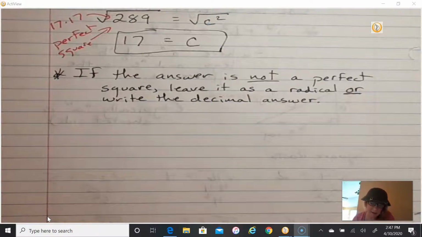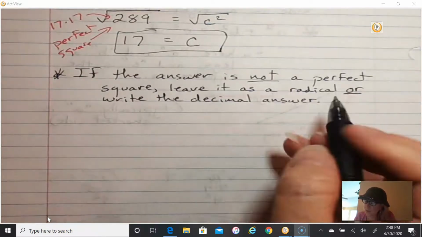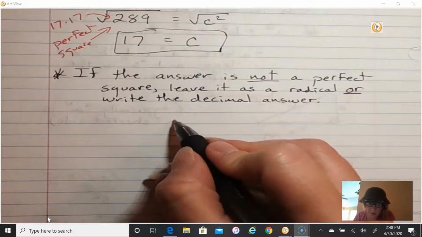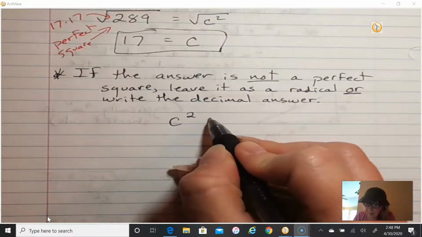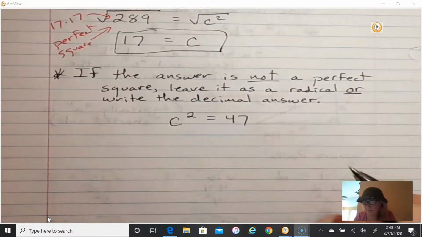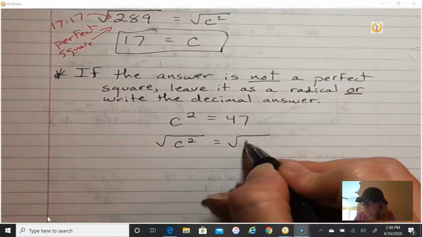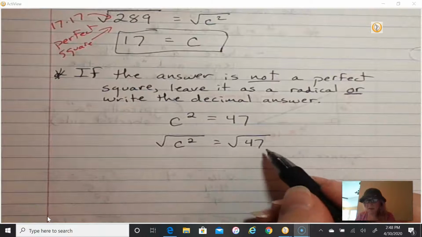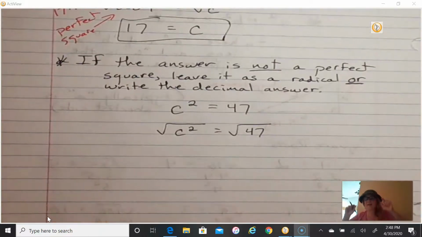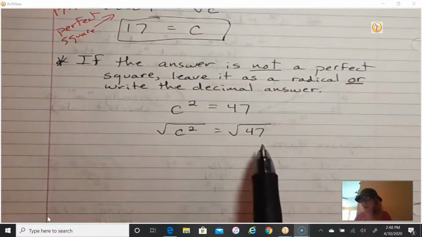So, if that is what you're dealing with, then you can leave it as a radical. For example, let's say c squared equals 47. We got to take it out of that square. This is not a perfect square. There is nothing that times itself will give you 47.